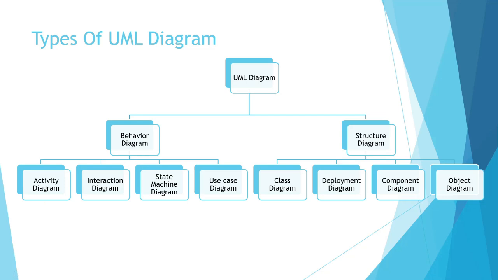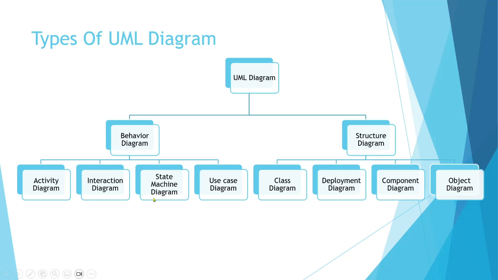Again, this behavioral diagram is divided into different types. So here are some required types, the main types. Okay. So within that, first you'll see the activity diagram. It shows the activities of the system. Again, the interaction diagram means how components are interacting with each other. Again, the state machine diagram.